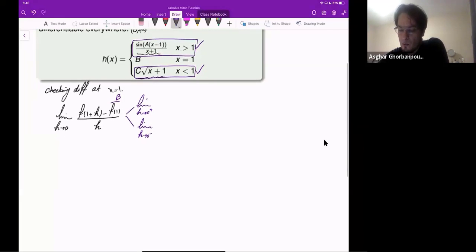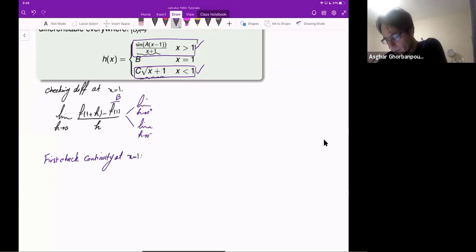Here, I will first check continuity at x equal to 1. You may say, okay, we are not asked to check the continuity, we are asked to check the differentiability.